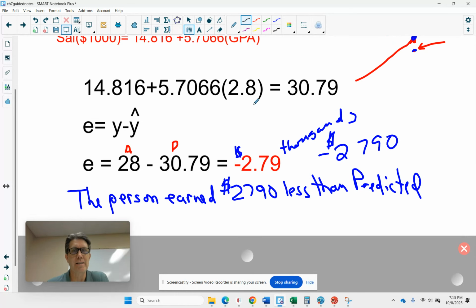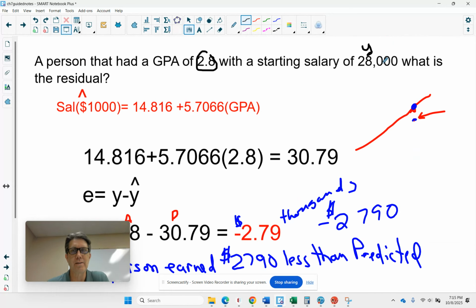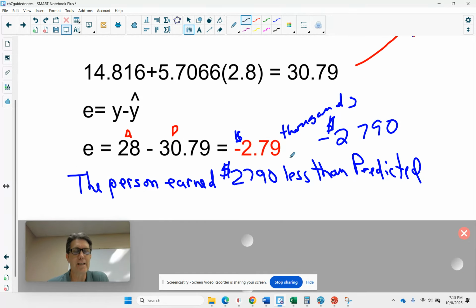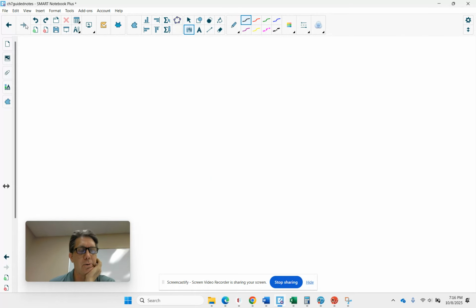If you leave these in thousands or turn this one into thousands and you take 28,000 minus 30,790, you're going to get that negative $2,790. So whether you get a negative 2.79 and say the word thousands, or you do it in thousands, that's the way we would do it.